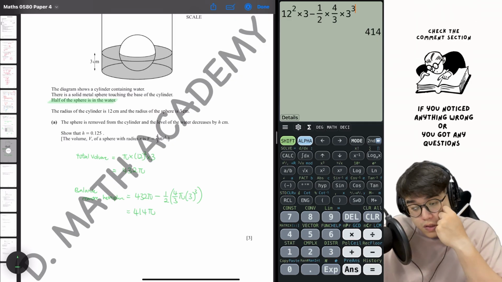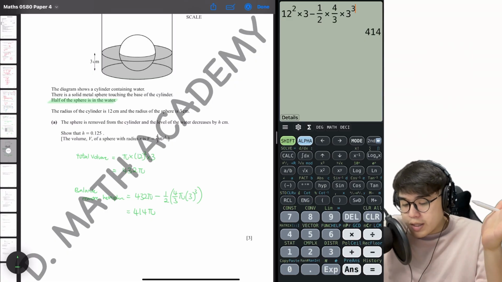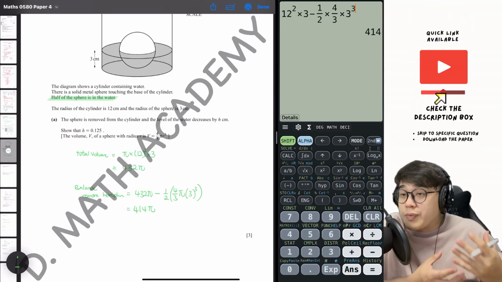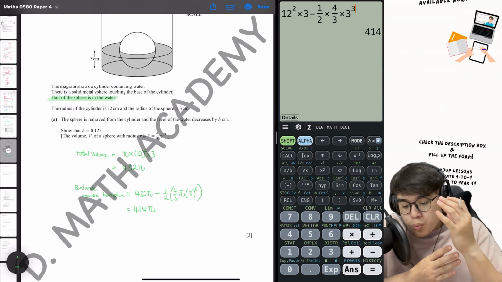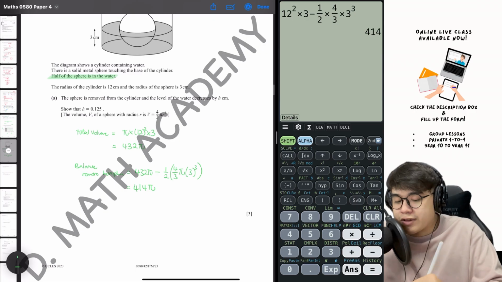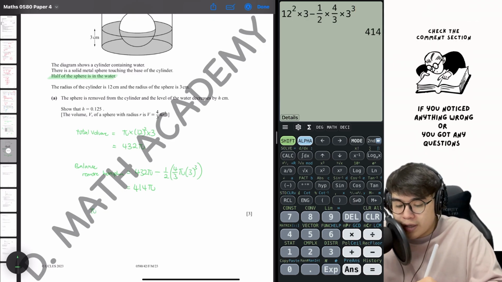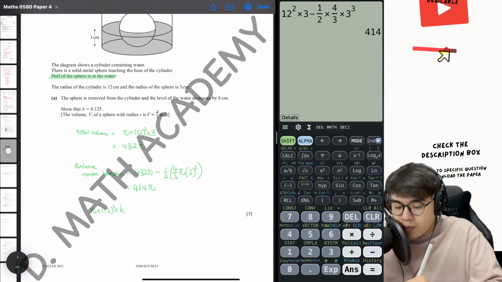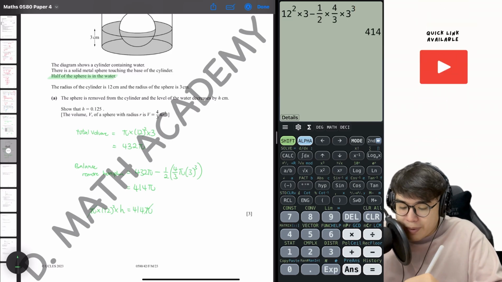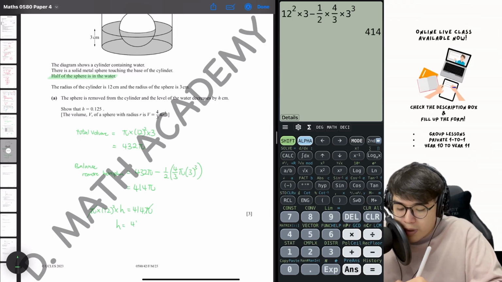Alright, so I think we are on the right track, and this is the new or the remaining volume or amount of water inside the cylinder currently. So we take pi times 12 square still times the h that we are looking for, it will get 414 pi. So pi and pi cancel, h will be 414 divided by 12 square.